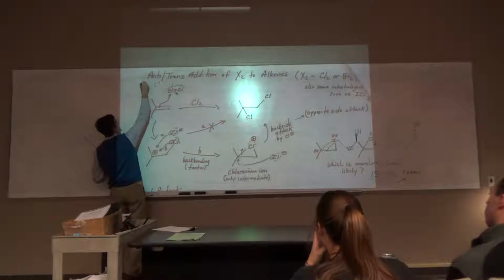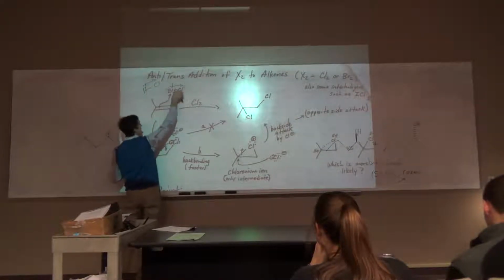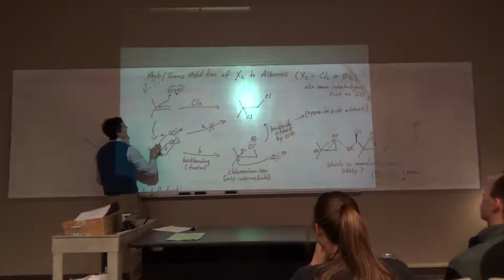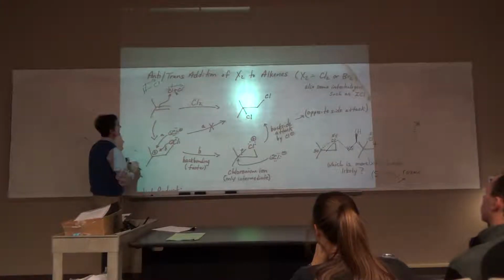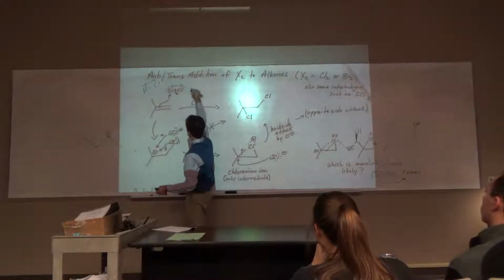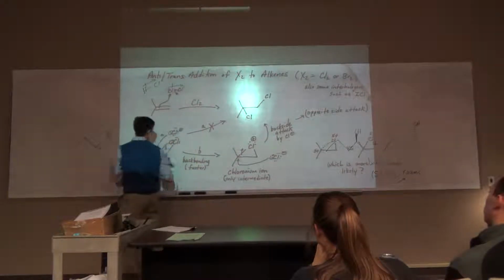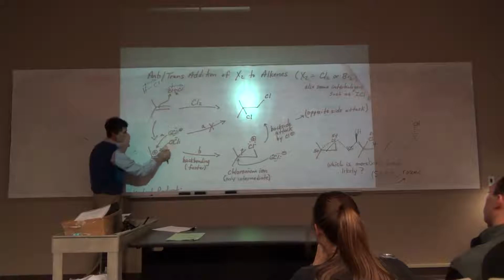We attack the H, this is a permanent dipole. Attack the H, kick the chlorine off, attack the chlorine, kick the chlorine off. Where are we going to leave the cation here, left or right? Cation on the left, correct? Okay. So electrons attack chlorine, this one gets kicked off, leaving cation here. So we made a new bond to chlorine.